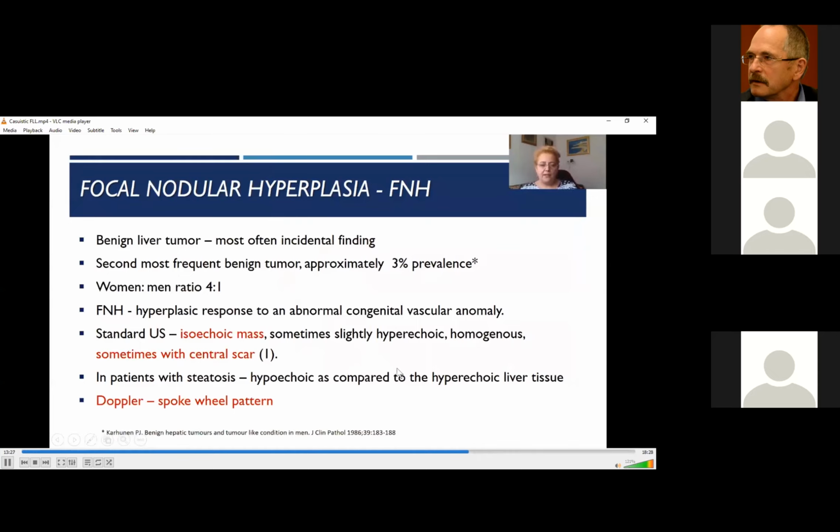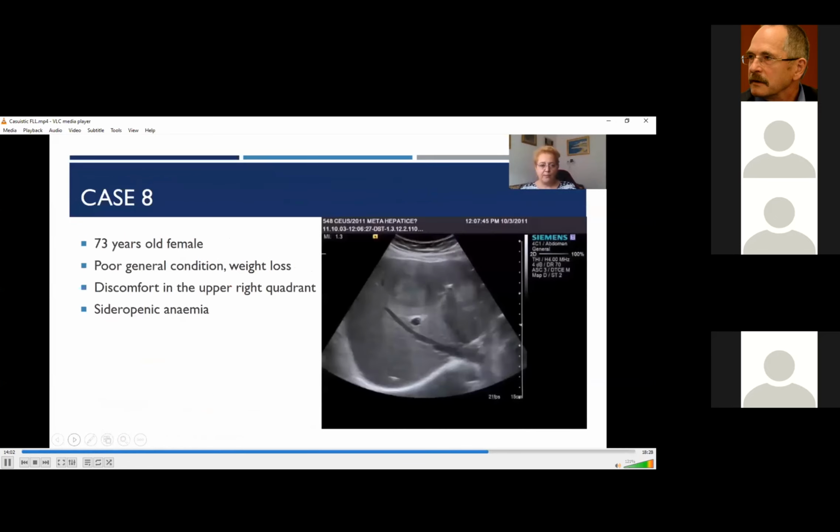In standard ultrasound, its aspect is of an isoechoic mass, sometimes slightly hyperechoic, sometimes with a central scar, which is a very suggestive sign for the positive diagnosis. In Doppler ultrasound, the spoke wheel pattern that I showed you is also seen, and it's rather characteristic. In patients with steatosis, the focal nodular hyperplasia can be hypoechoic as compared to the hyperechoic liver tissue in steatosis.